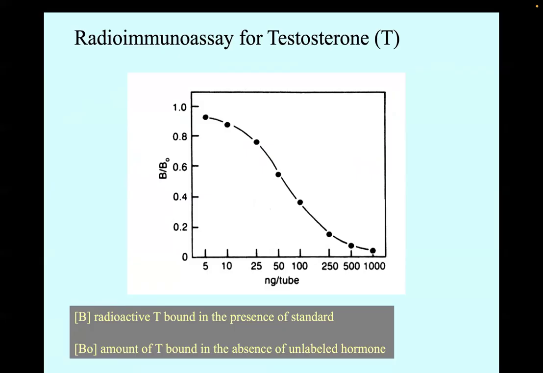So if the person has an excessive amount of hormone, and that's what the problem is, then you're able to read the amount of displacement, which is going to be a lot, and then you just come here to the standard curve, you match it, and then you go down and you read from the x-axis the amount of hormone in plasma. You know the volume you took of plasma, so you can designate it in deciliters, for example. And now you have the ability to quantify a hormone.